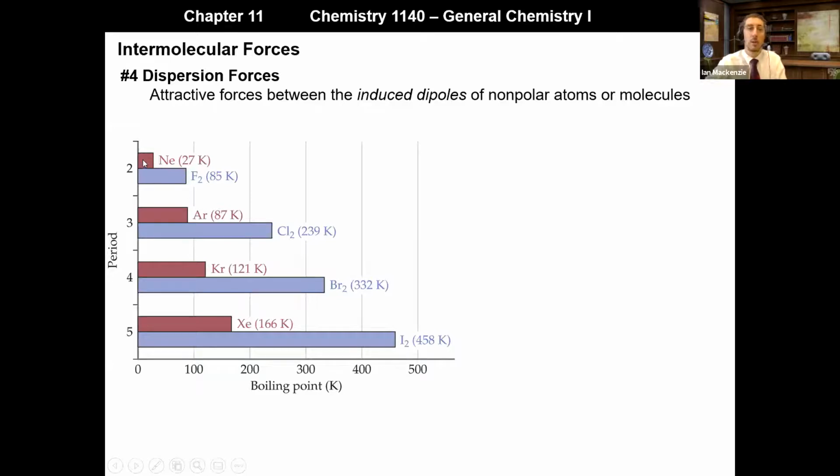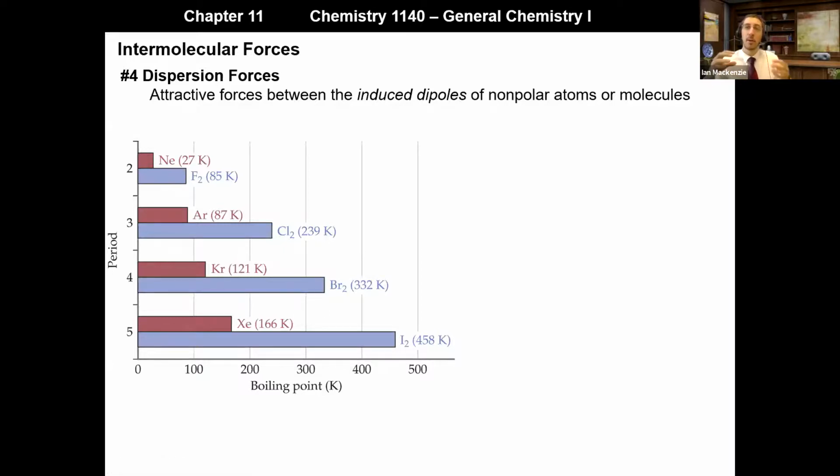So those are just single atoms. We'll notice that as we go from helium to argon to krypton to xenon, the boiling point increases as we go along. We'll notice the same thing with nonpolar diatomics. So fluorine, chlorine, bromine, iodine, we see the same increase in the boiling point.